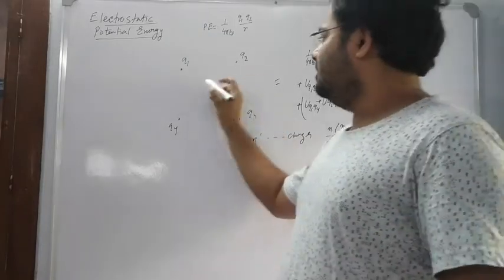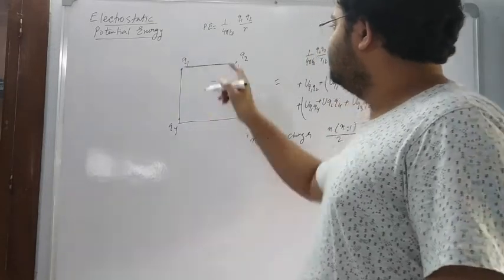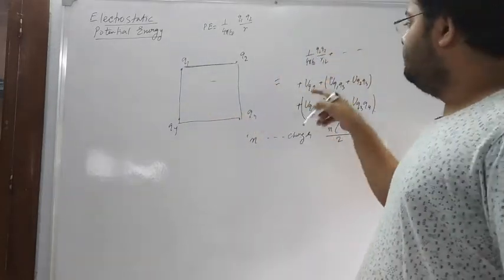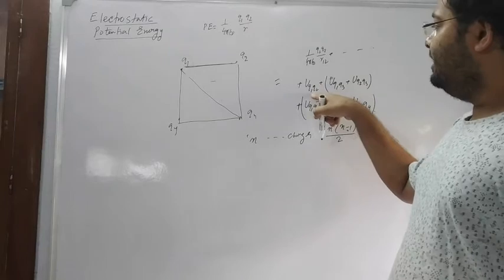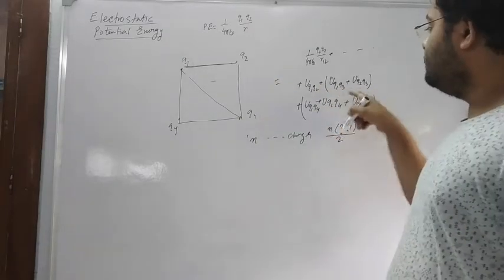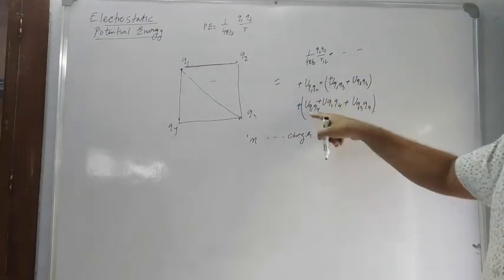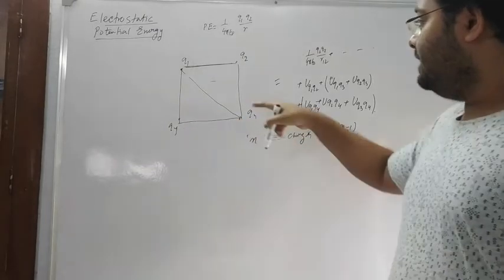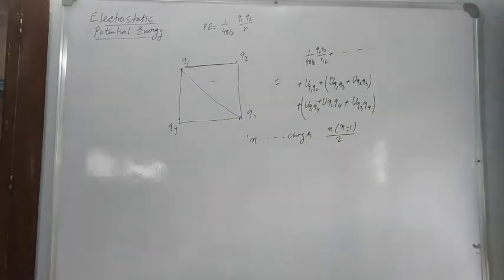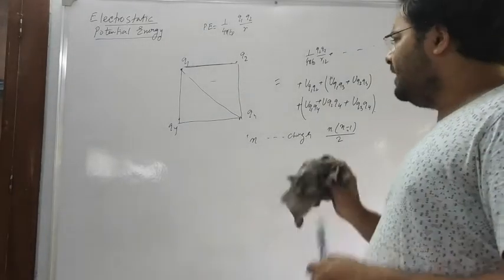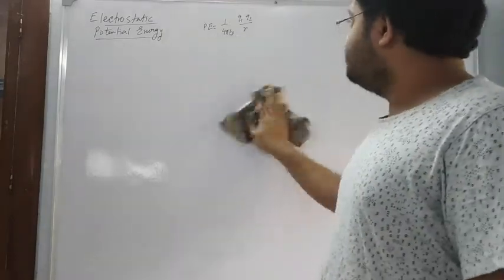Like say if they are on a square of side A. So Q1 Q2 by A, plus Q1 Q3 by A root 2, Q2 Q3 by A, Q1 Q4 by A, Q2 Q4 by A root 2, and so on. So you can calculate that, but I think you know enough geometry, maybe better geometry than me.